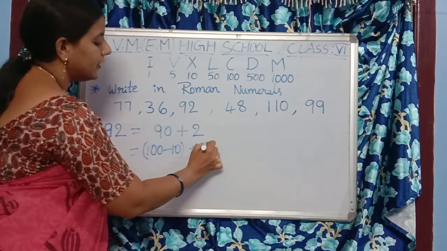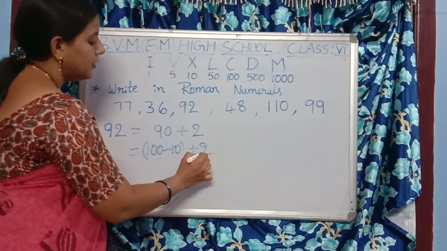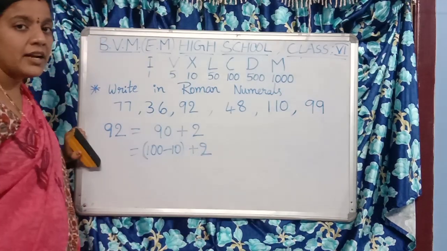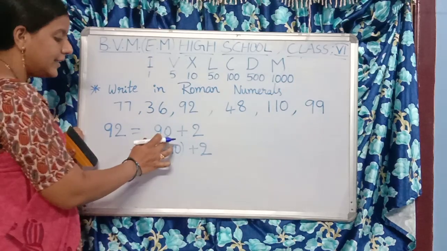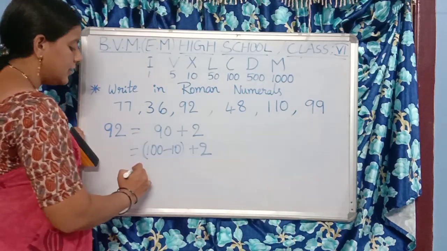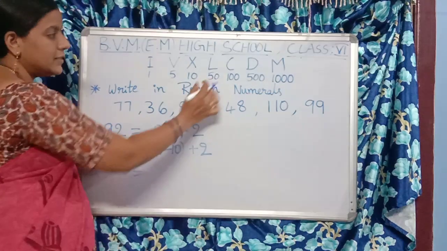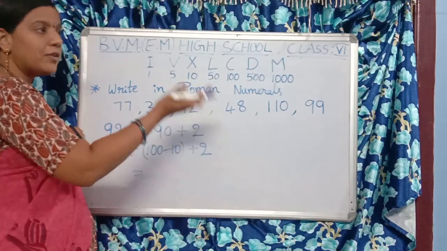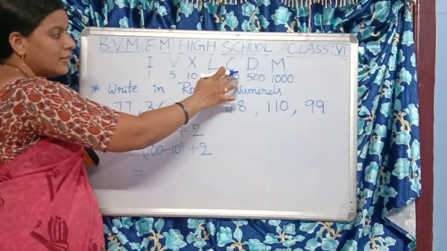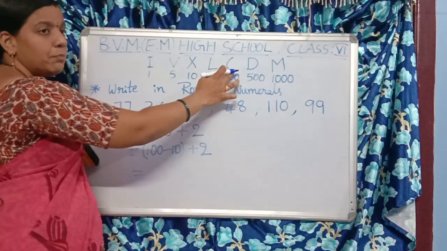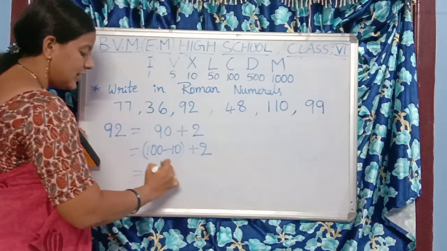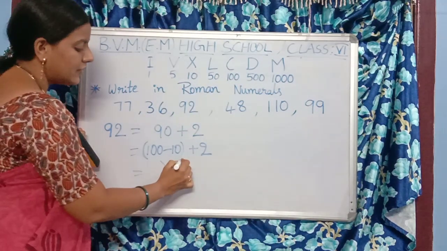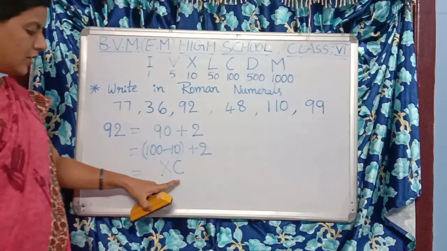All of you read those rules and you can write these numerals very easily. 90 is 100 minus 10. Where should we write the X symbol? We have to write it before C, on the left side of the C. Look here.